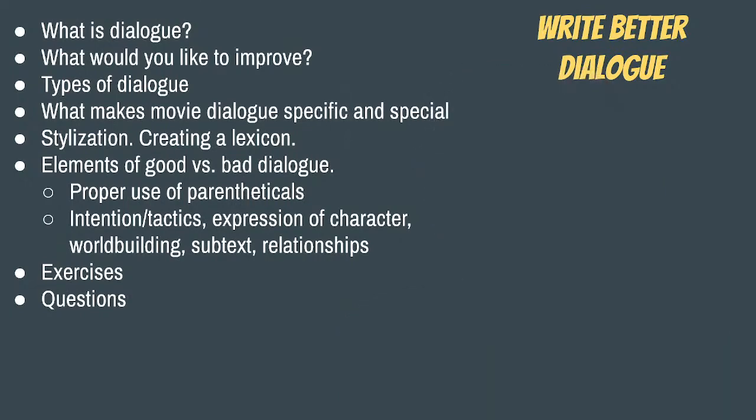We will talk about parentheticals, intention and tactics, and scene work, things that really play into dialogue, or elements of drama that are played out with dialogue to express character, subtext, and relationships. We'll also have some volunteer sections where we will be doing some readings, watching some videos, and doing some mini writing exercises. So, plenty to do today. Thank you for being here with us. Let's keep going through this.